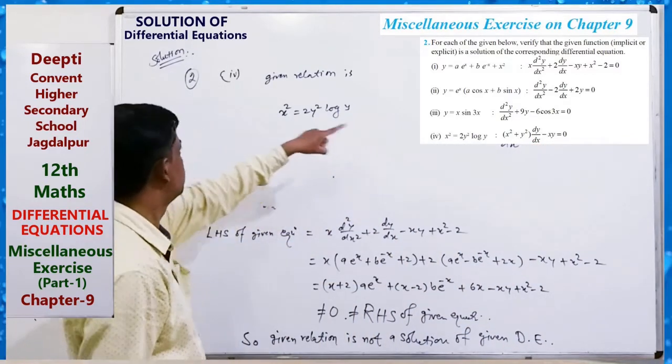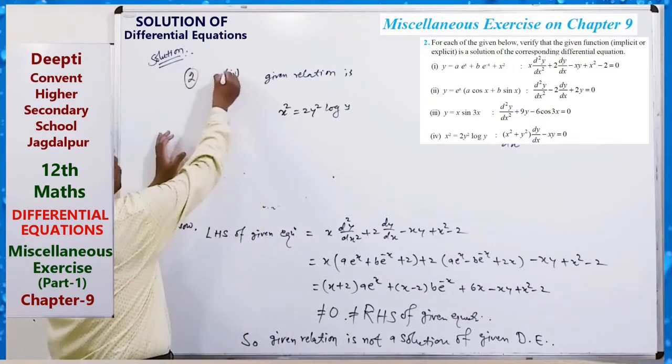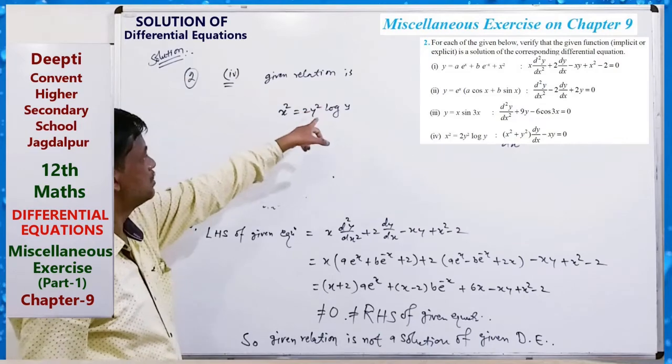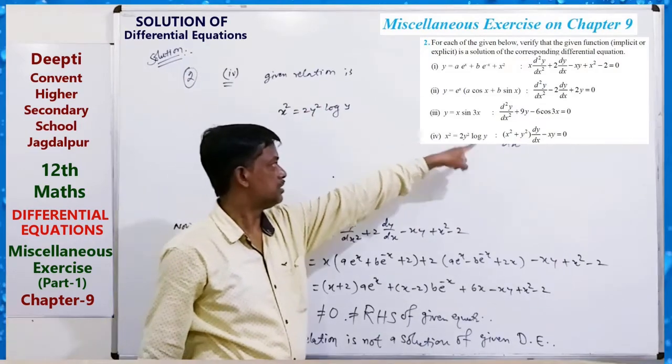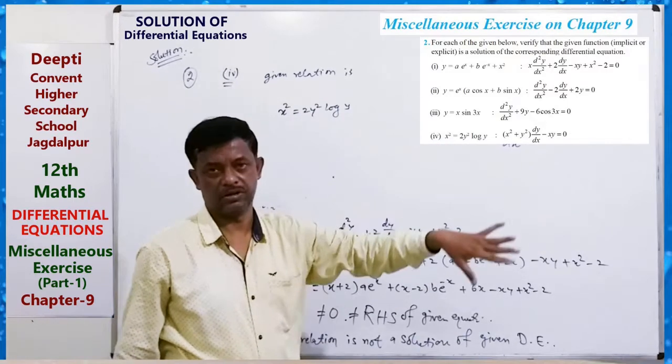In the fourth, the given relation is this and the differential equation is this. We have to prove whether this relation is a solution or not.